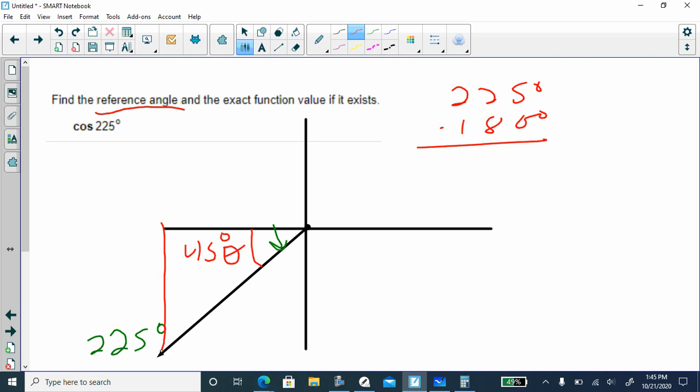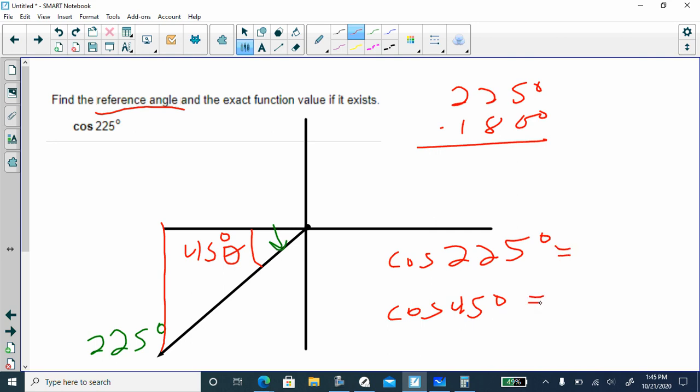So one thing that we'll learn is that angles that have the same reference angle will have the same ratio. So cosine of 225 will have the same value as cosine of 45 degrees does. The only possible difference will be the sign.